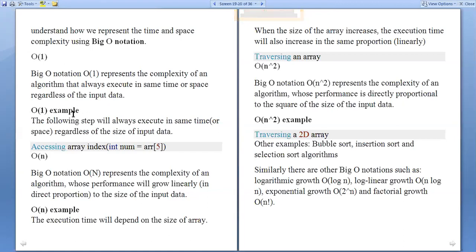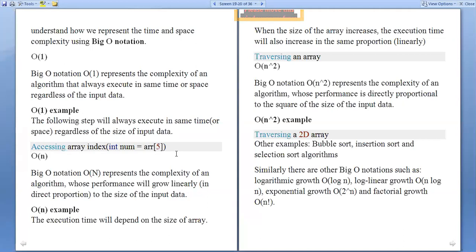Okay, O of 1 example. The following step will always execute in the same time, regardless of the size of the input data. Suppose accessing an array index. An array is declared as an array of 5. There are five elements, 0 to 4. In this array, suppose you want to access the last element.